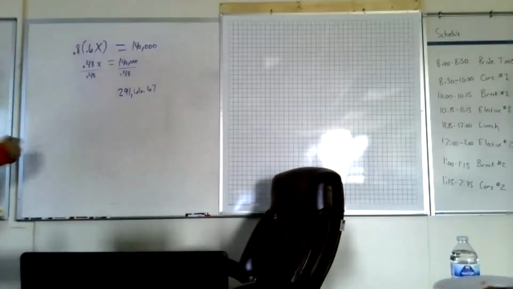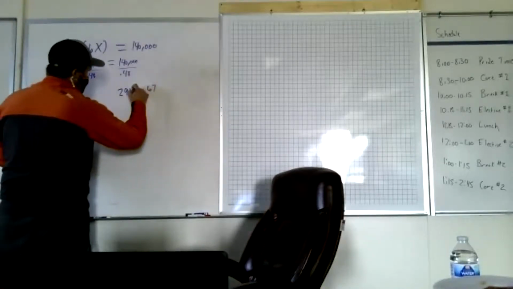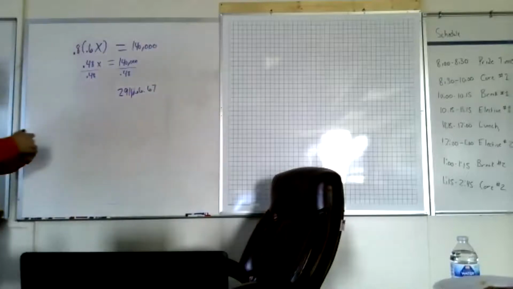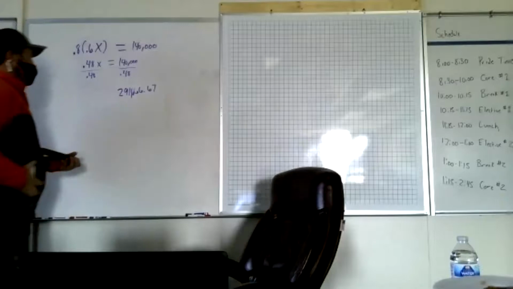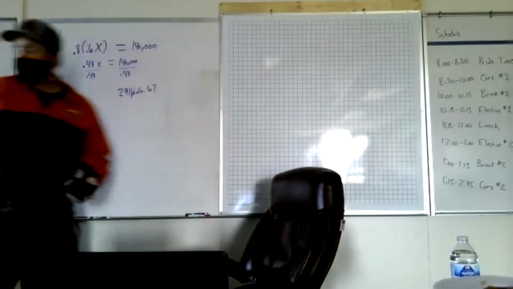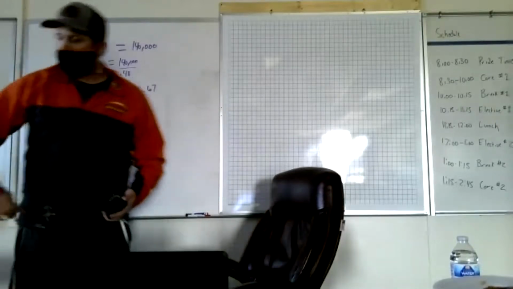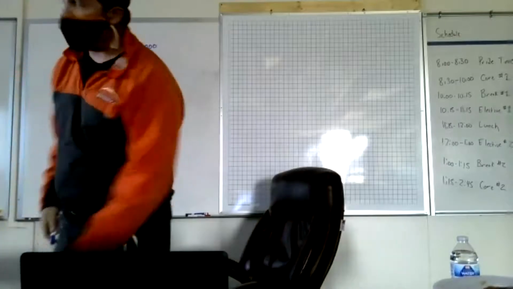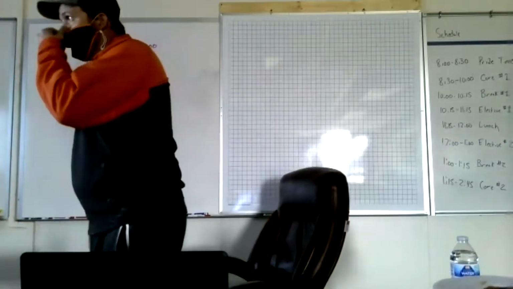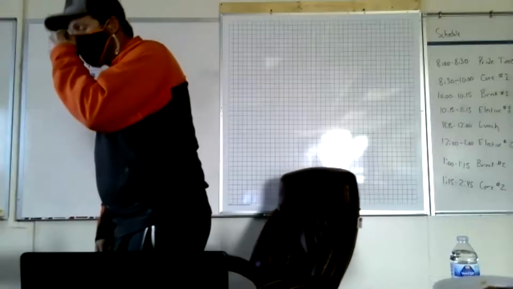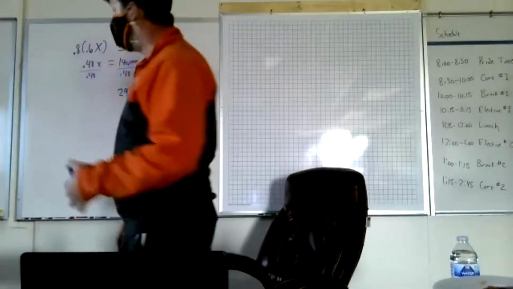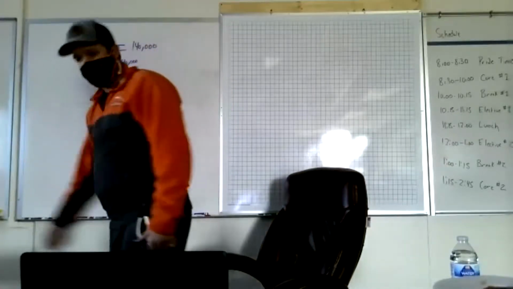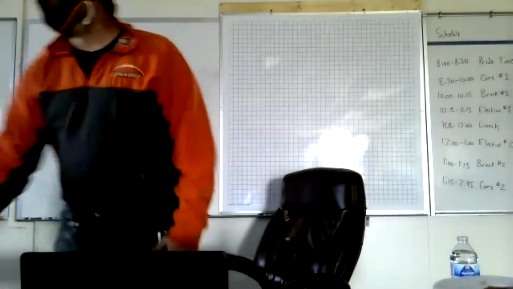Okay, so there's three sixes. $291,666 is the original purchase price. So of our answer choices, which one is closer to that? That would be $291,700, or answer choice B is going to be the correct one for this problem.